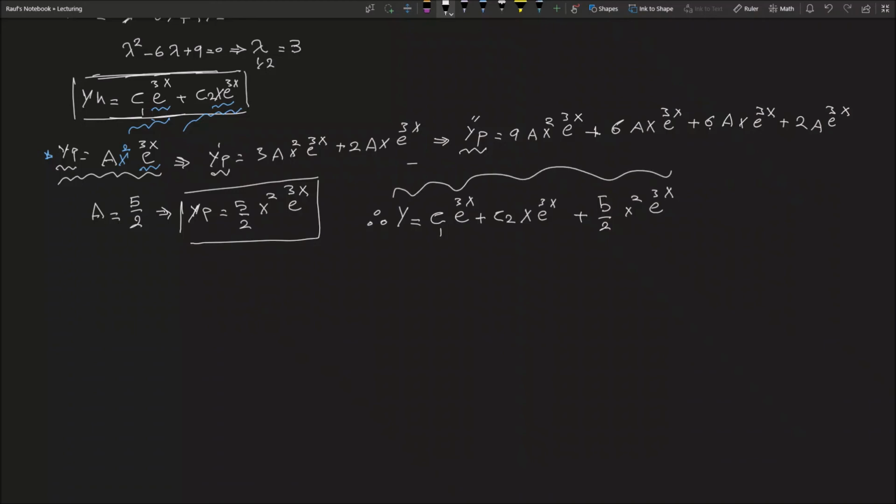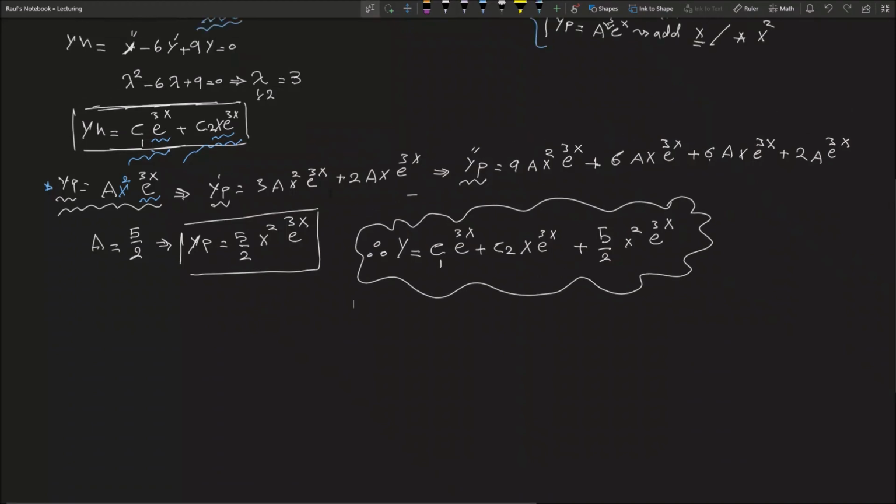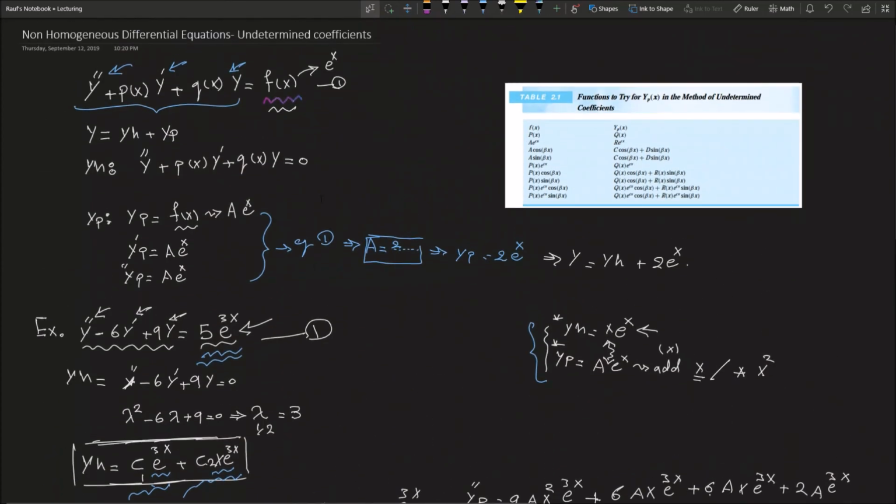And that's your grand solution for the non-homogeneous equation that we explained earlier using the undetermined coefficient method.